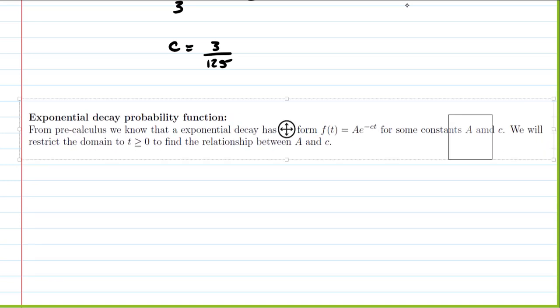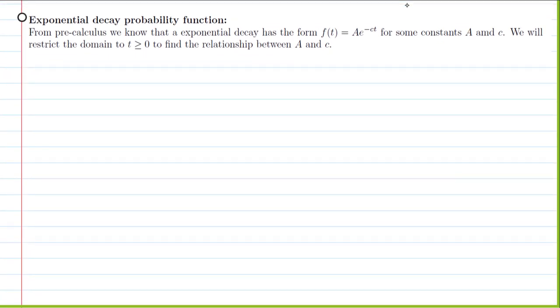So, exponential decay probability function. From pre-calculus, we know that an exponential decay function has the form f of t equals a times e to the negative ct for some constants a and c. We will restrict the domain to t greater than or equal to 0 to find a relationship between a and c.